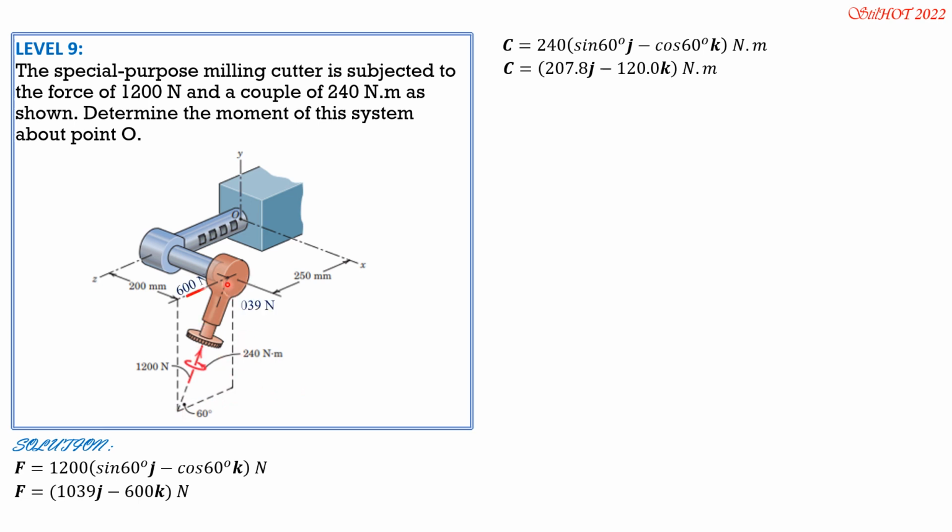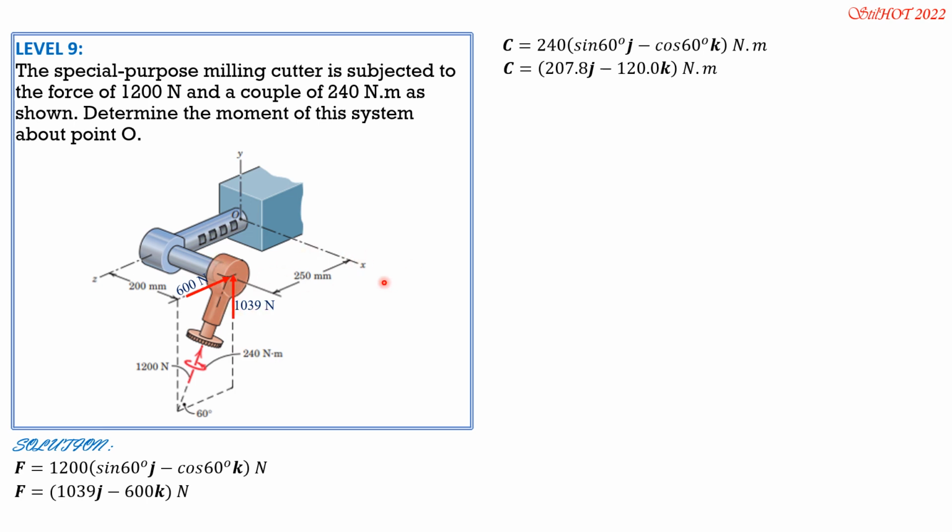Let's put the components here. So this is 1,039 along Y positive and along Z negative, 600 towards the negative Z direction. So if we compute the moment about X, this 600, because it lies on the XZ plane, will pass through X, so it has no moment about X. Only this 1039.